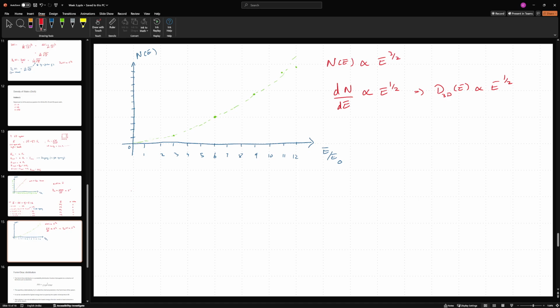Okay, so before going to the 0D system, let me take a brief detour and make a few brief comments on the 1D density of states.